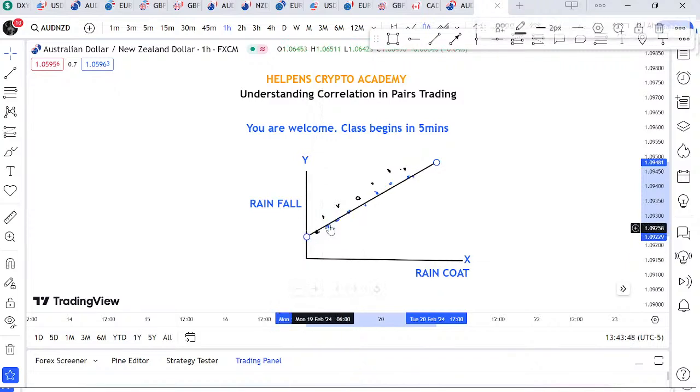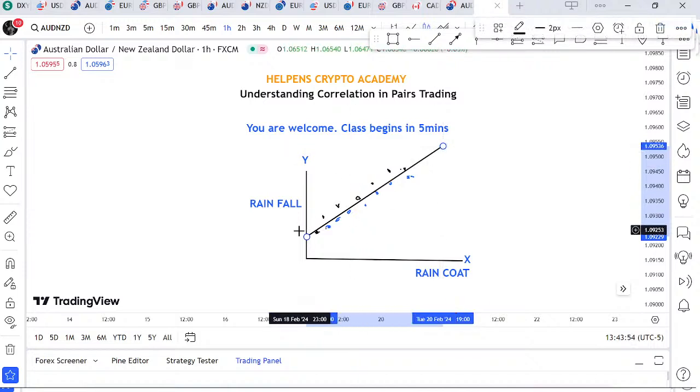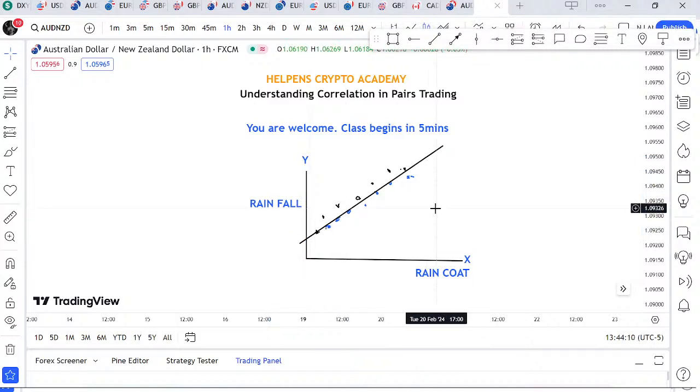Normally you are supposed to start from zero. The correlation, is it positive or negative? The amount of rainfall and the number of coats bought in each month, what is their relationship? That is what we are trying to get.